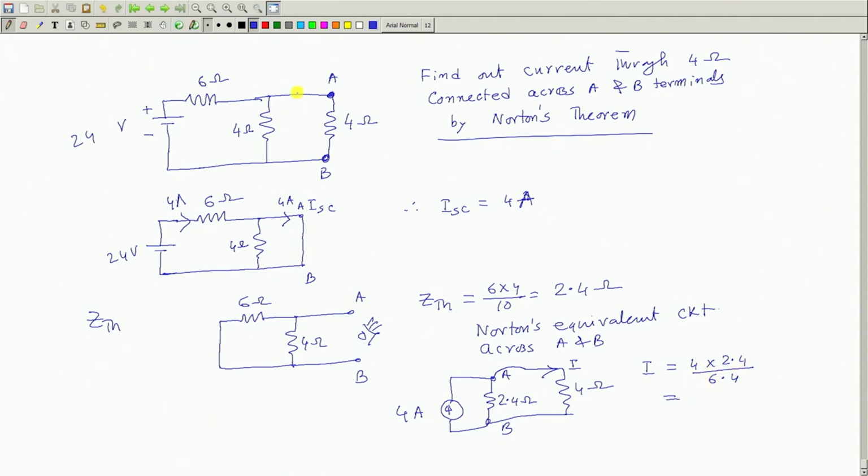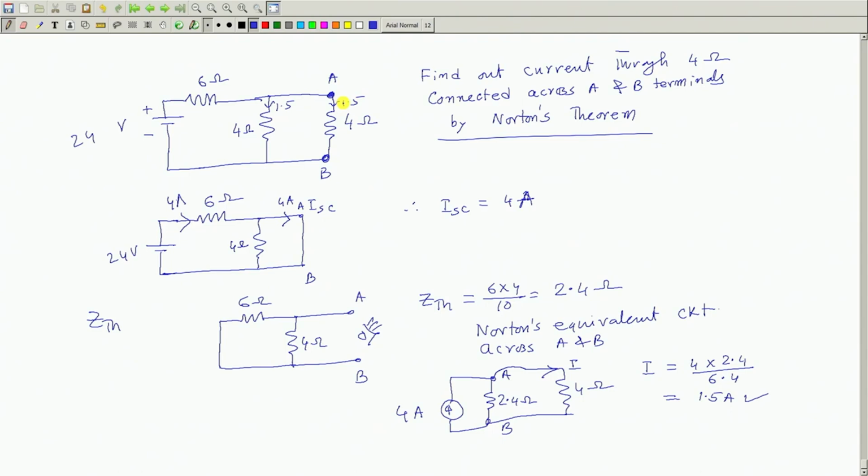Earlier original current was 1.5. So, 1.5 ampere. And this is true because in the original circuit you see by other methods 4 plus 2, 6, 8, 3 ampere. Then this circuit solution is already known, 1.5, 1.5. So, this is how you will apply Norton's theorem.